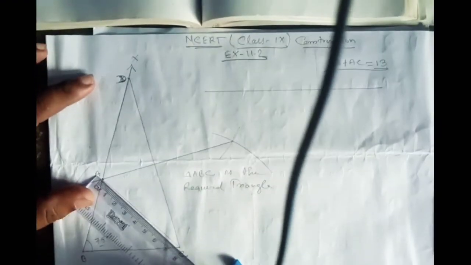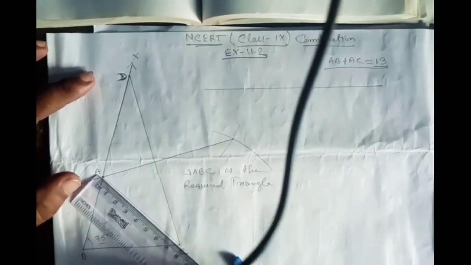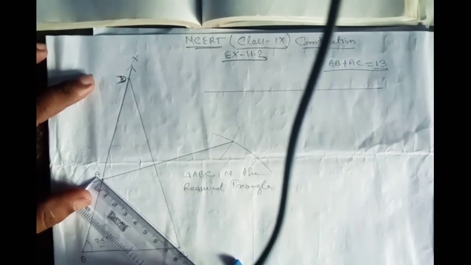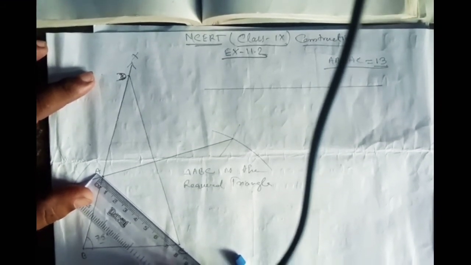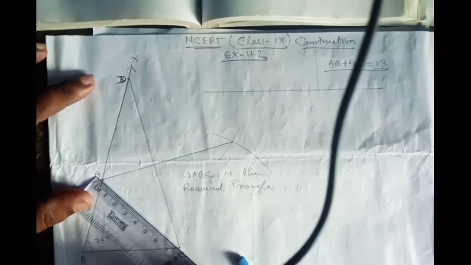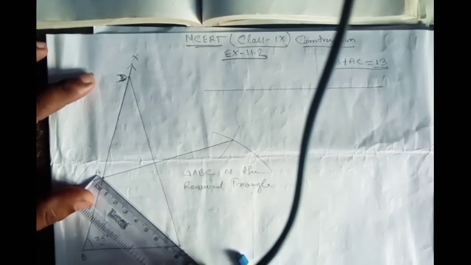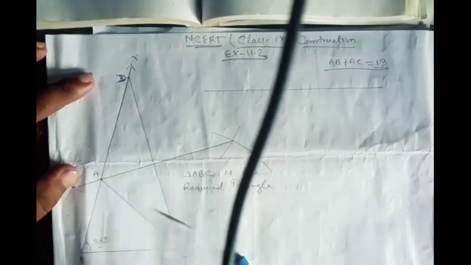Let us check. Now AC, as we can see, we are getting 7.6 centimeter, and AB we are getting 5.4.